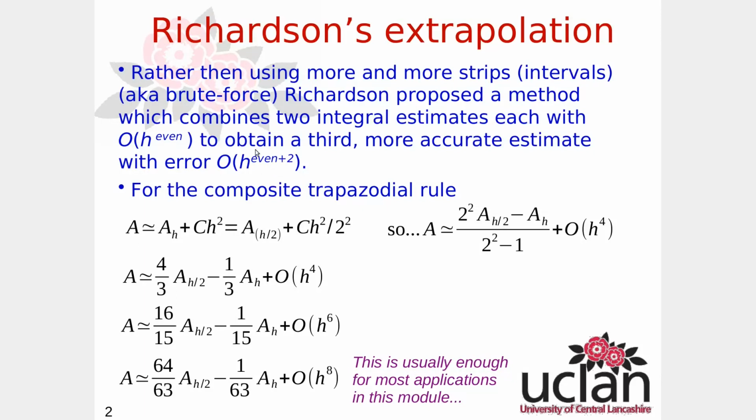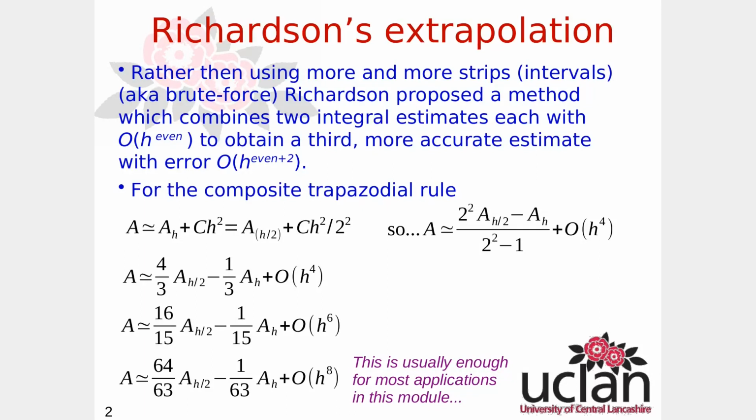So you start off with an even order, say using the trapezoidal rule, and then you can use a formula, which we'll derive momentarily, to estimate a new integral which is of higher order. The truncation error now is whatever the order was originally plus 2.